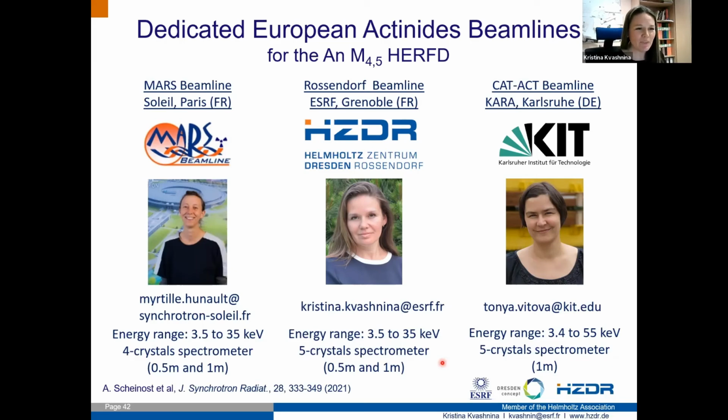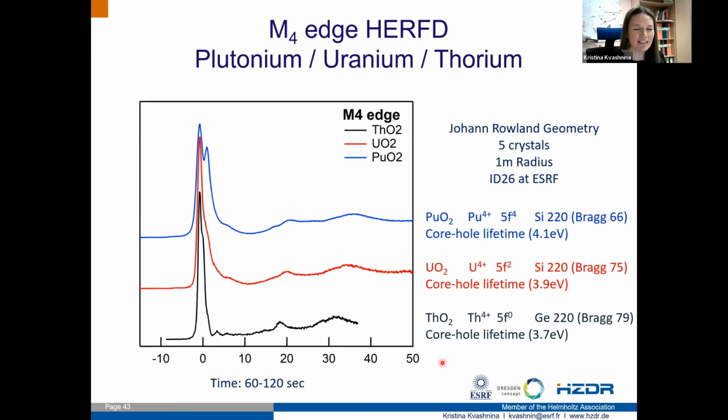And here is my last slide that I'd like to discuss a little bit, in fact, what really affects the resolution of M4 HERFD data. I show here the M4 HERFD data for 3 compounds: thorium dioxide, uranium dioxide, and plutonium dioxide.